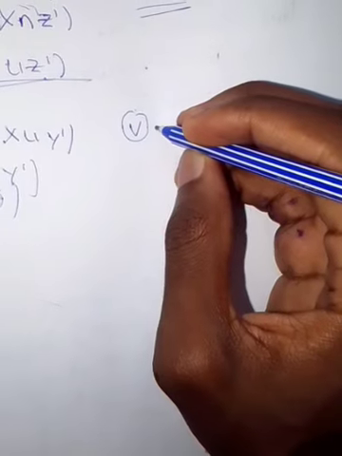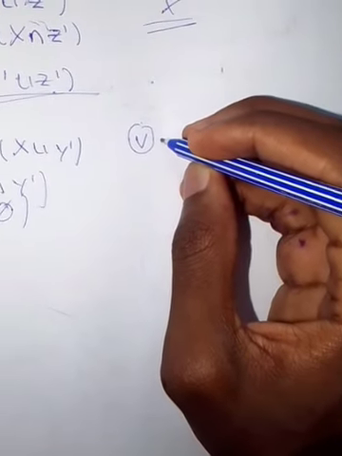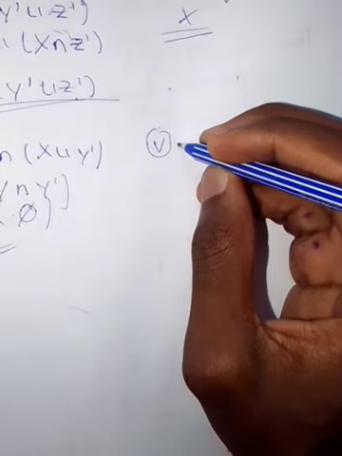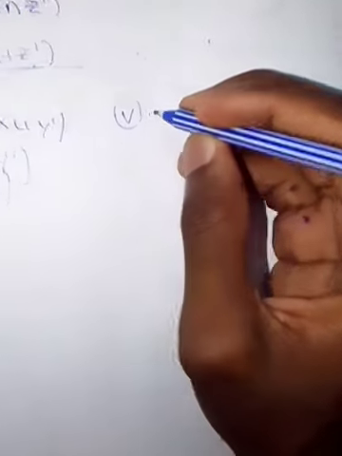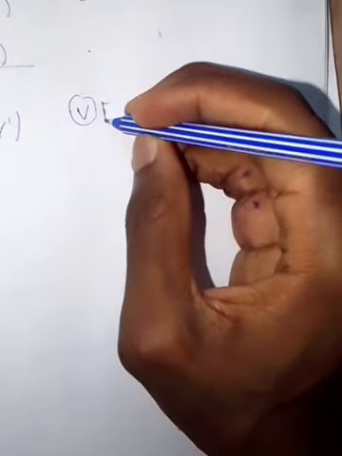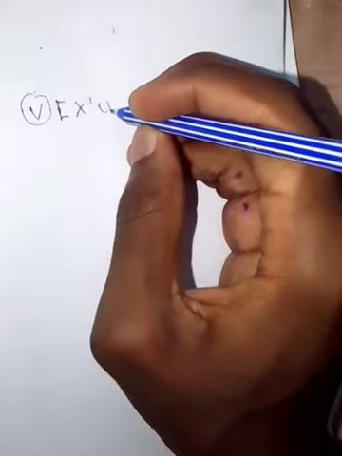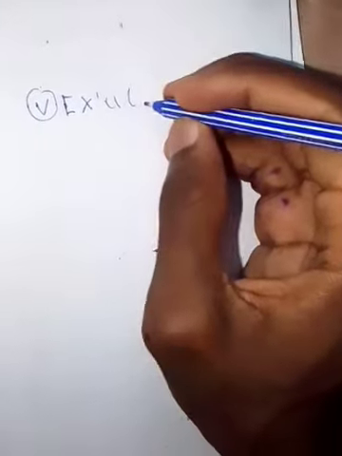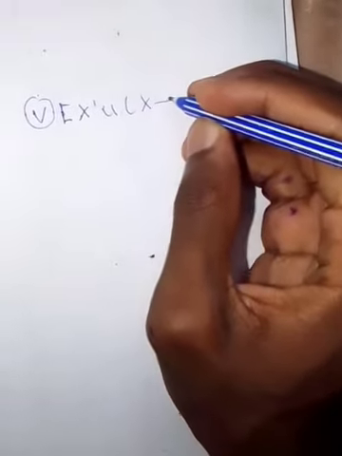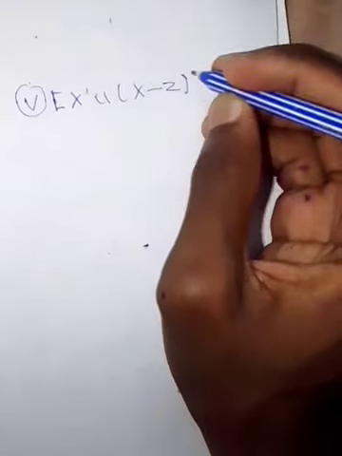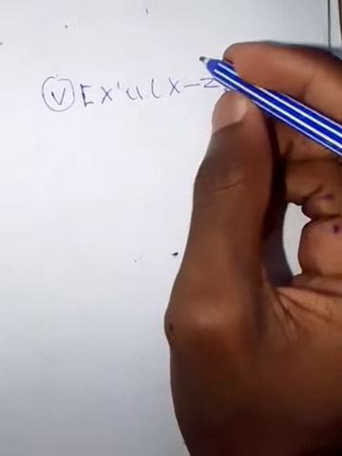Question 5. Okay, so question 5, they are saying the complement of set x united with x minus z, the difference of two sets.